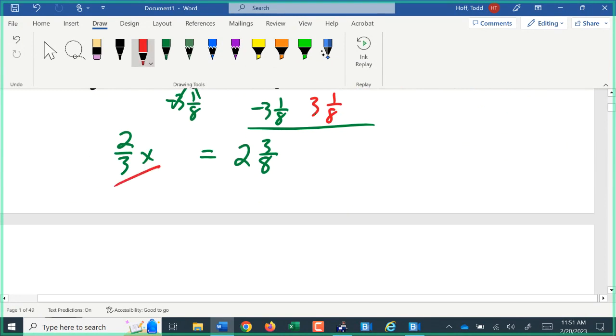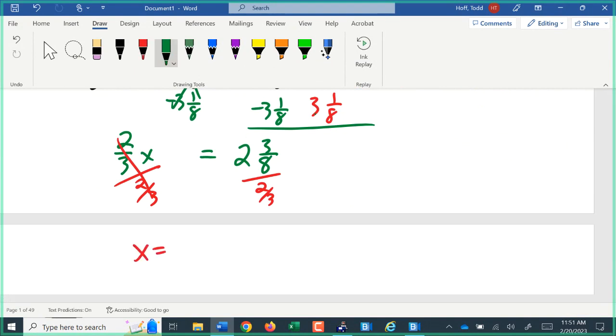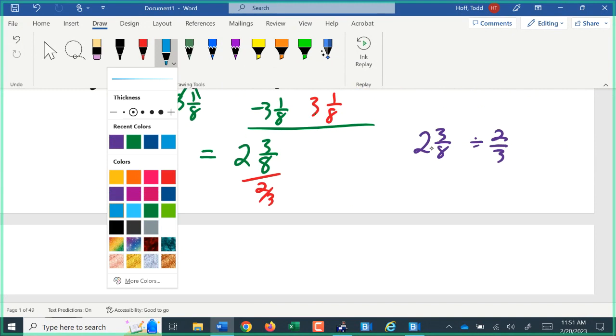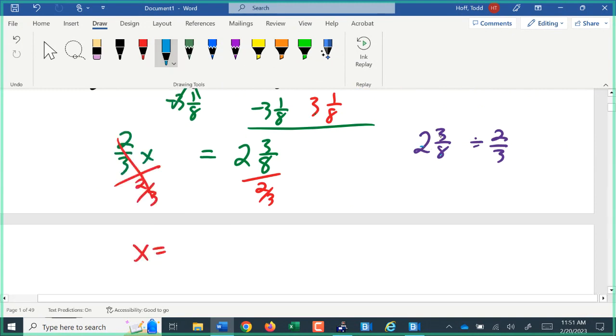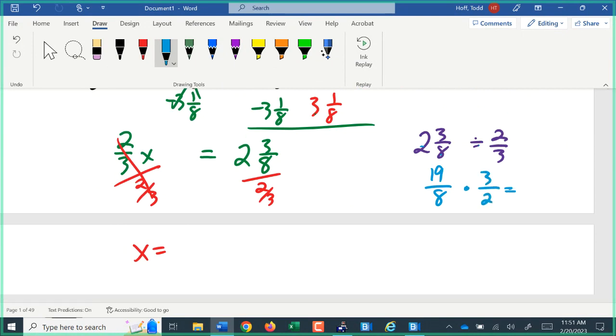And then we divide by the 2/3. x equals, so once again we have to do that division. 2 3/8 divided by 2/3. Well, 2 3/8 needs to become an improper fraction. So 2 times 8 is 16, plus 3 is 19/8. Then we're going to multiply by the reciprocal, so 3 over 2.